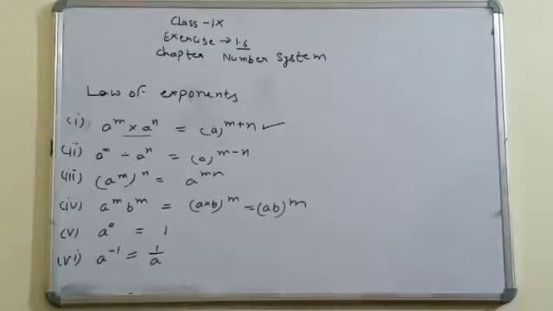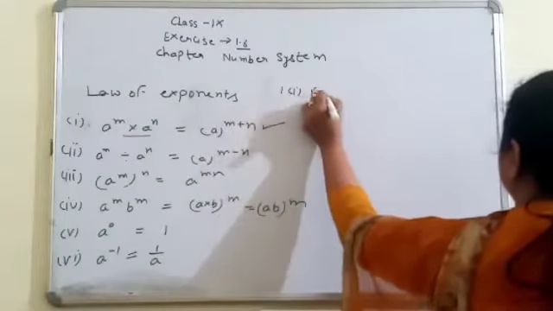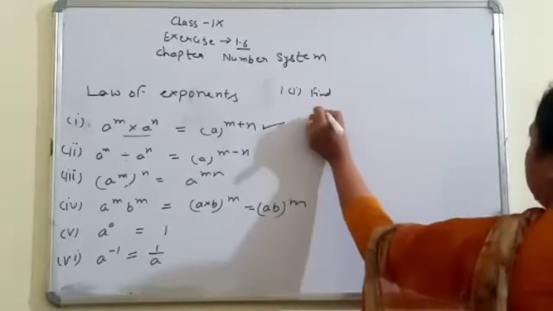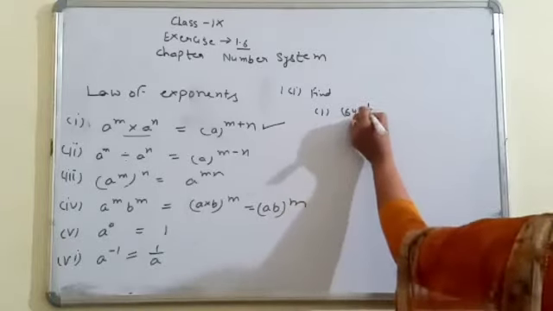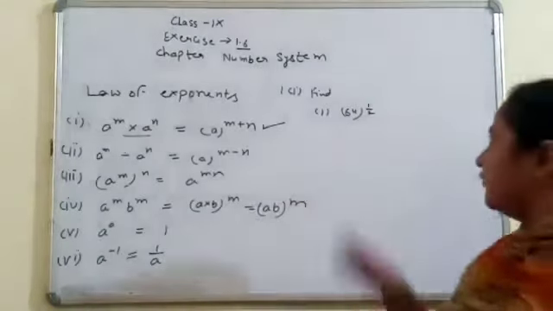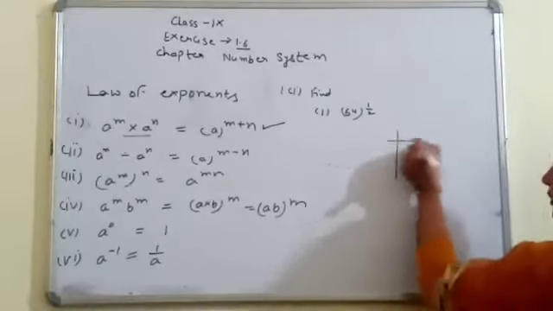First question, find. First part is find 64 raised to power 1 by 2. Take the LCM of 64.